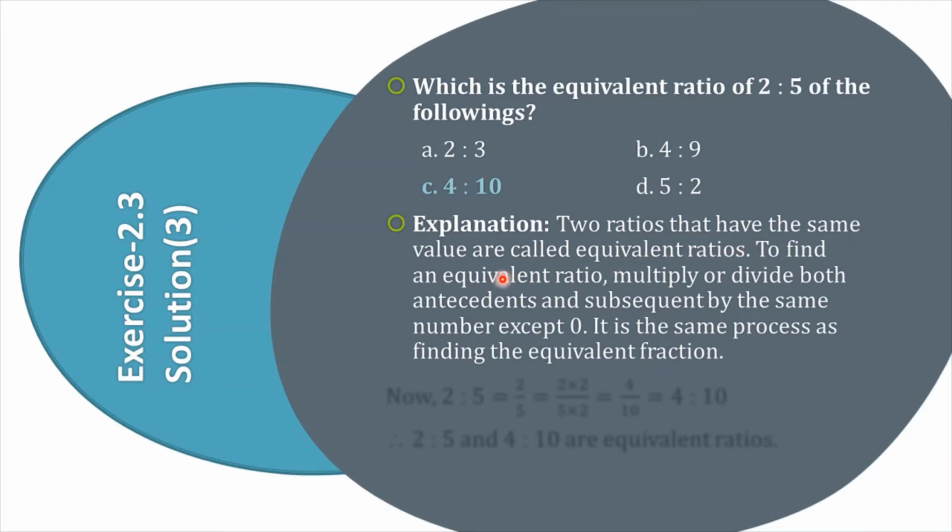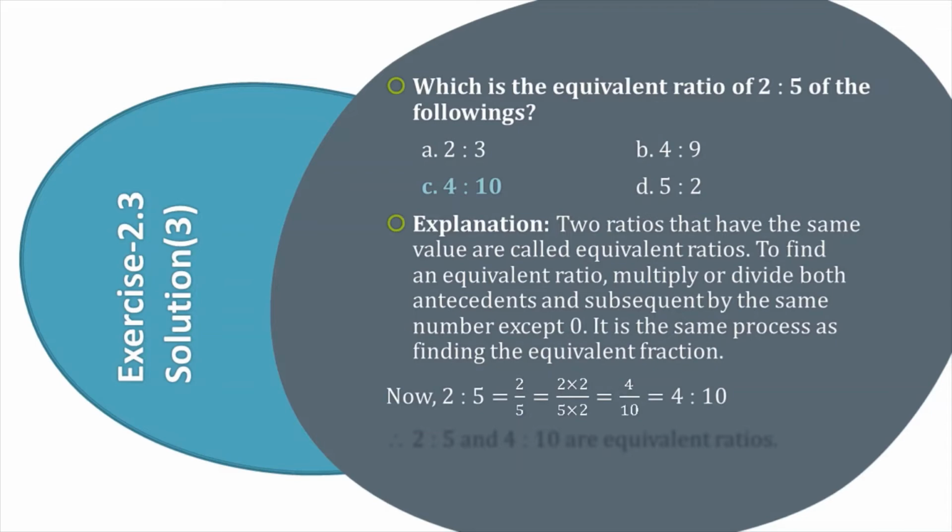To find an equivalent ratio, multiply or divide both antecedent and subsequent by the same number except 0. That means except 0 you can multiply the antecedent and subsequent with any kind of number, but that number will be the same number. It is the same process as finding the equivalent fraction.